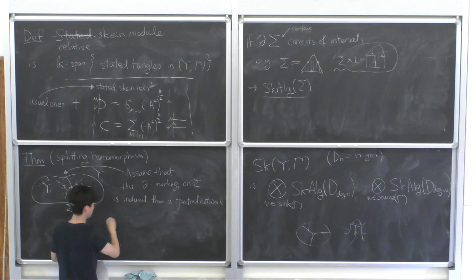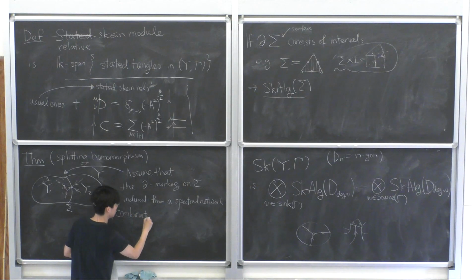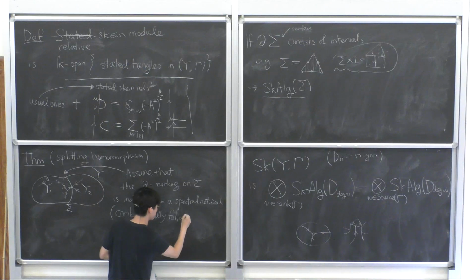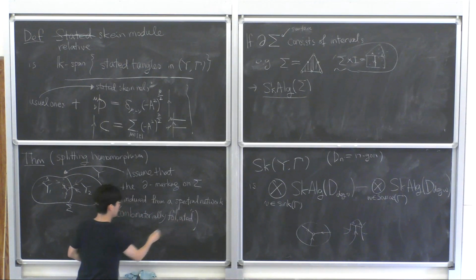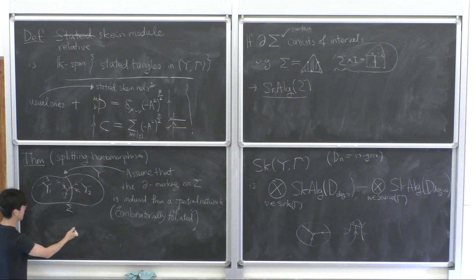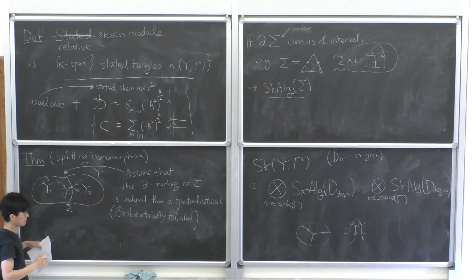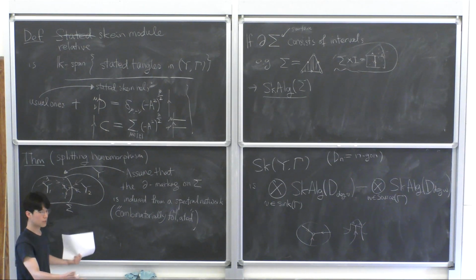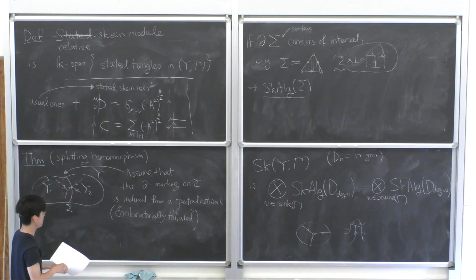Or in our paper, we call this sigma combinatorially foliated, because it's the same condition as saying that this boundary marking graph is the same as the space of leaves in the corresponding one-dimensional foliation of the surface.